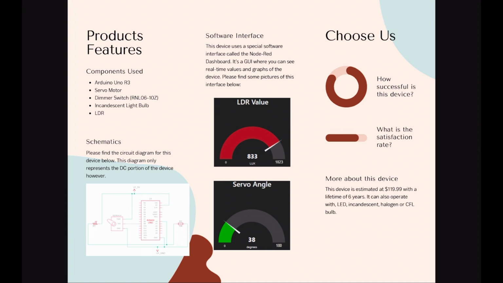And it has a lifetime of 6 years, so it can operate 6 years without any troubles. And despite that I used an incandescent light bulb, it can actually be used with an LED, a halogen, or a CFL bulb.